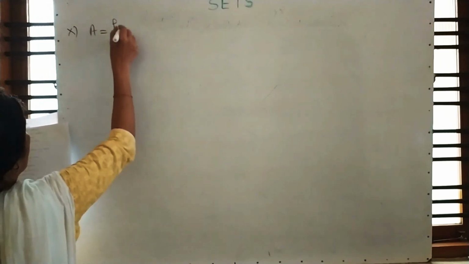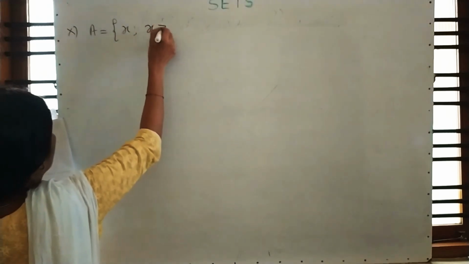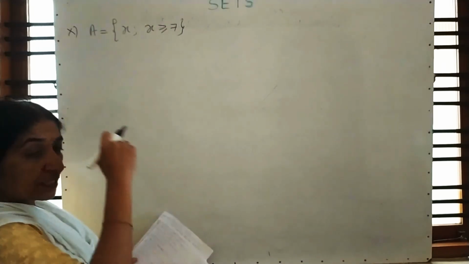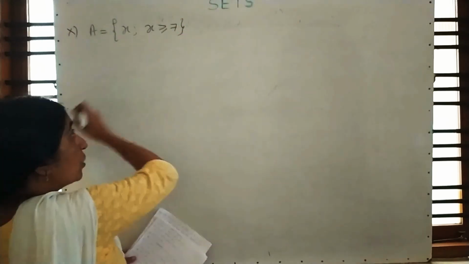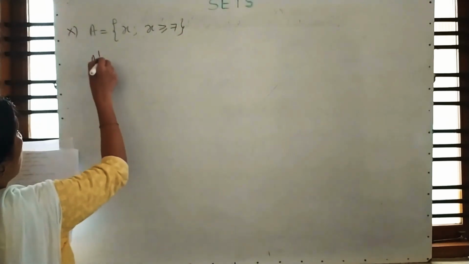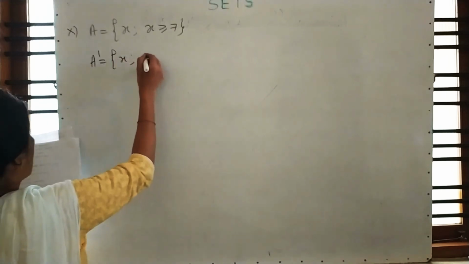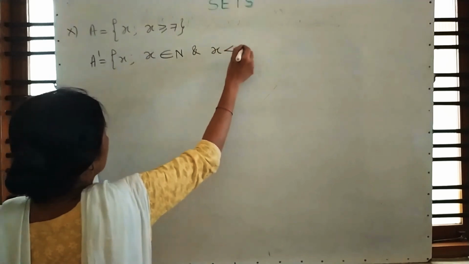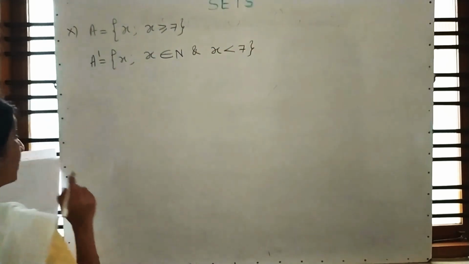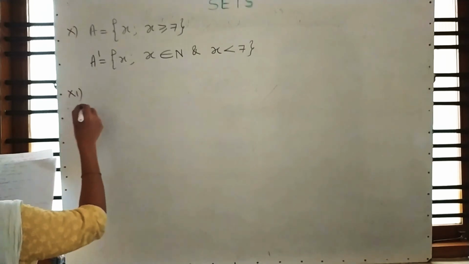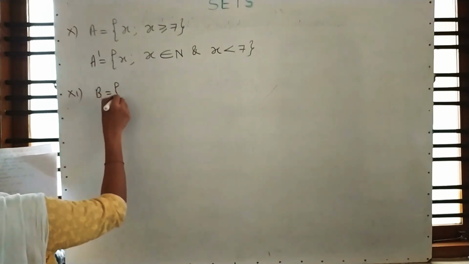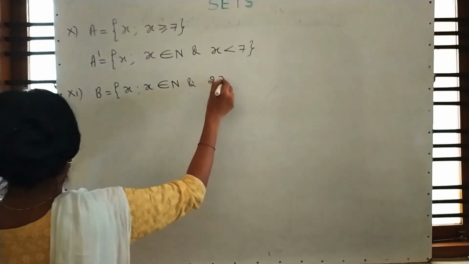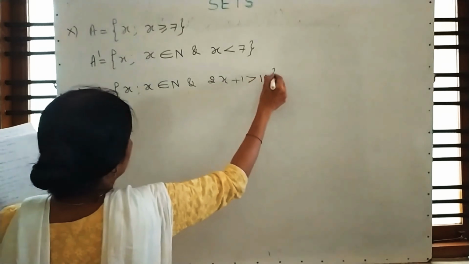A. x such that x is greater than or equal to 7. It contains all the elements starting from 7 onwards. So before 7 you have to write. Its complement is x such that x belongs to N and x is less than 7. Remember why we are writing natural number? Because you are comparing with the universal set. Next, x such that x belongs to N and 2x plus 1 greater than 10.